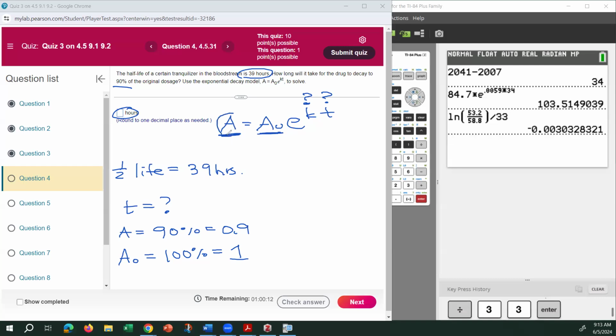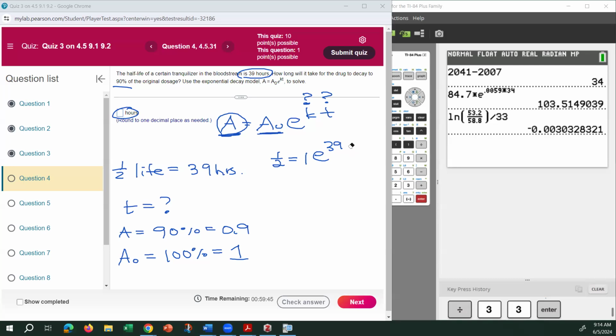So for A, we're given the half-life, so the final amount is half of the initial value. So whatever the initial value is, 1, e, K, and then 39. I'm going to put 39 first. So you need to use the half-life model to find the K value, the decay rate.